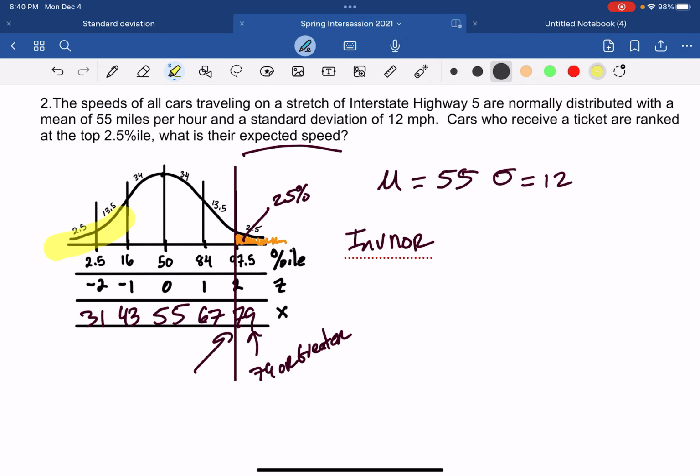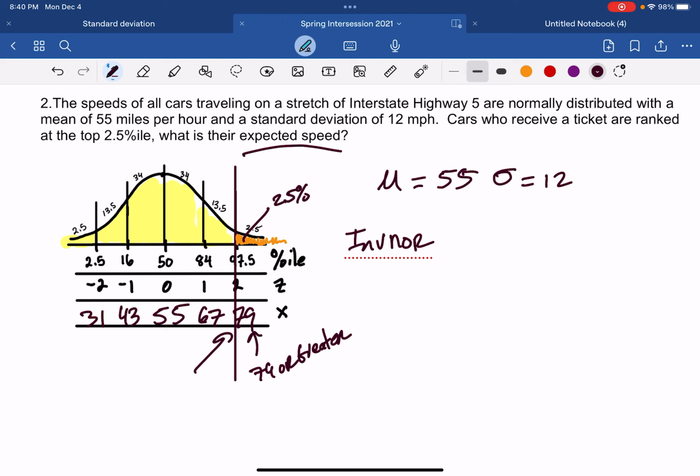All this area here is what we need to tell the calculator, because the inverse normal is shading to the left.